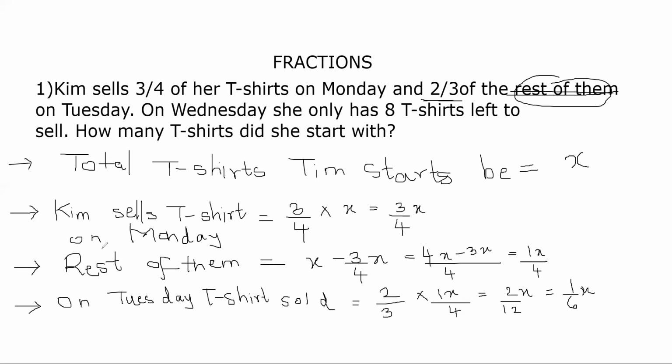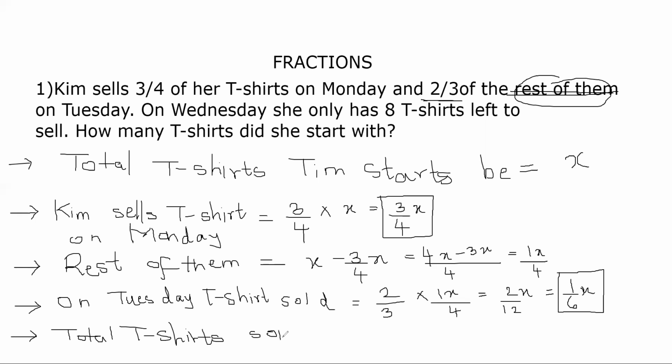Now the total number of t-shirts sold is how much? From this we can make out that the total number of t-shirts sold is 3x upon 4, which is on Monday, and on Tuesday, 1x upon 6 t-shirts are sold. Correct? So the next statement, what can we write? Total t-shirts sold will be how much?